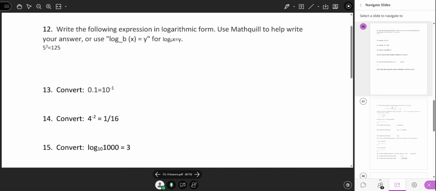Now, log base b, and that little footnote means that base goes in the foot. X is your argument, Y is your answer.